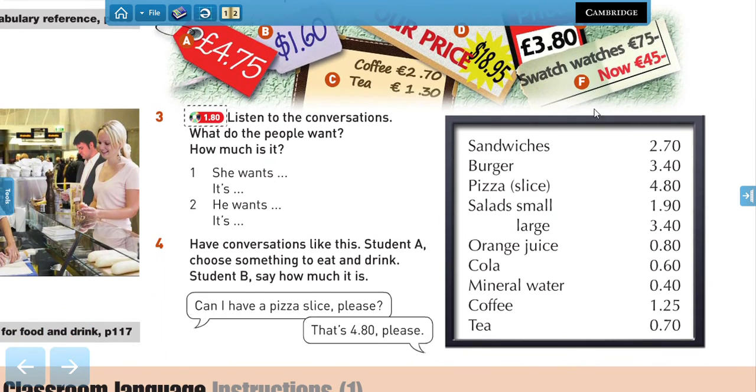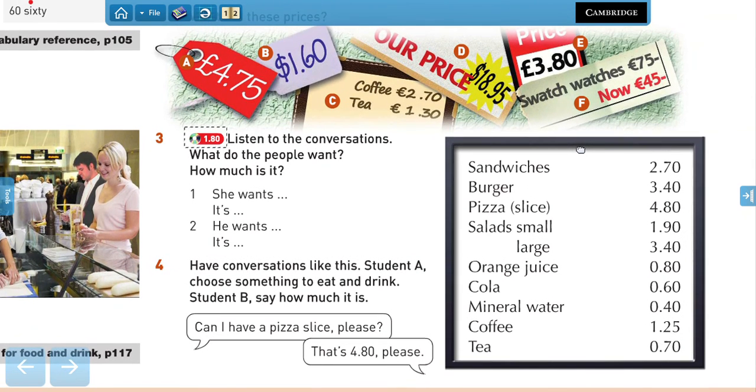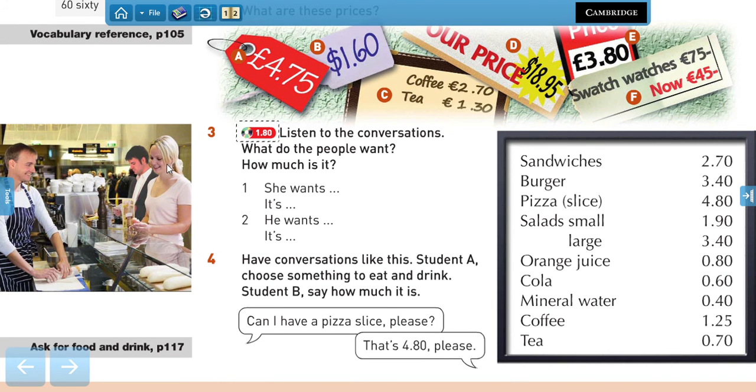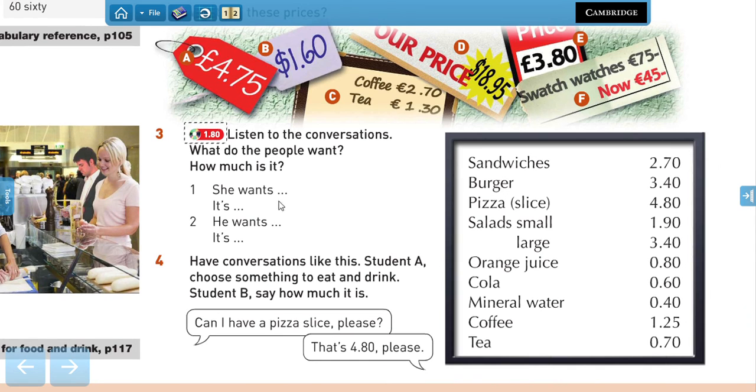Now, here we have a sort of menu from a shop, right? Then we have the image of the shop. We have a woman there buying something. I can't see it, maybe you can, but she's trying to buy something in the shop, right? Now, we're going to listen to two different people asking for different things.